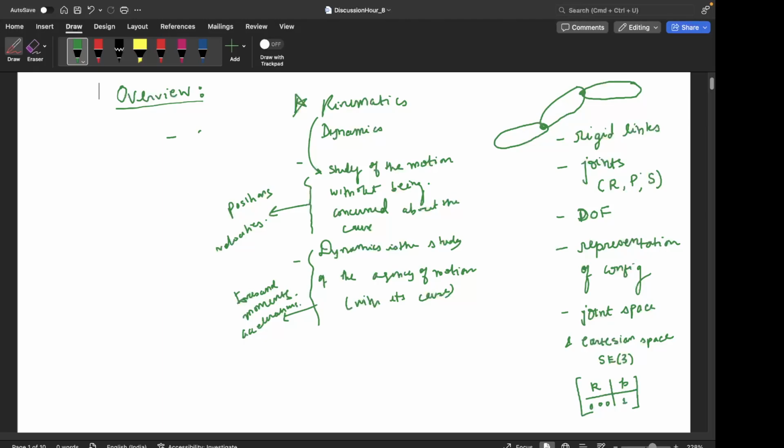And if we have the position in the Cartesian space, then we can very well find out the configuration in the joint space using inverse kinematics. So we discussed the concepts of forward kinematics, inverse kinematics, and a special matrix, which relates the transformation from joint space to the Cartesian space, the Jacobian.